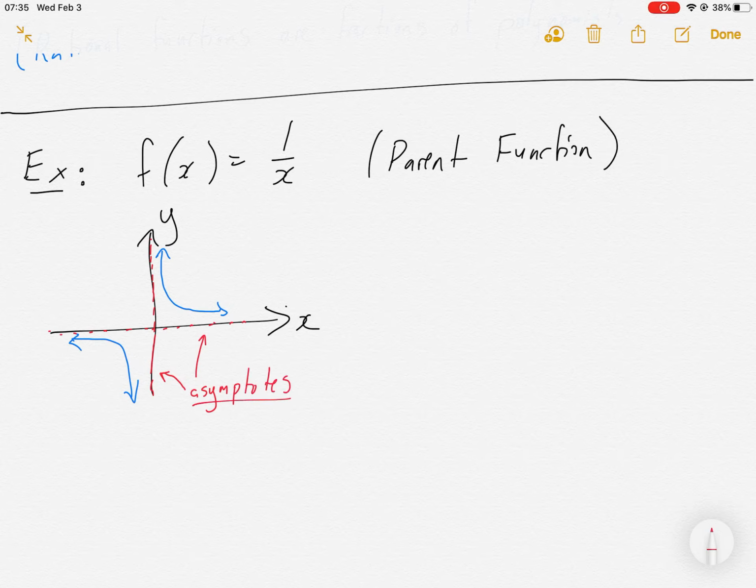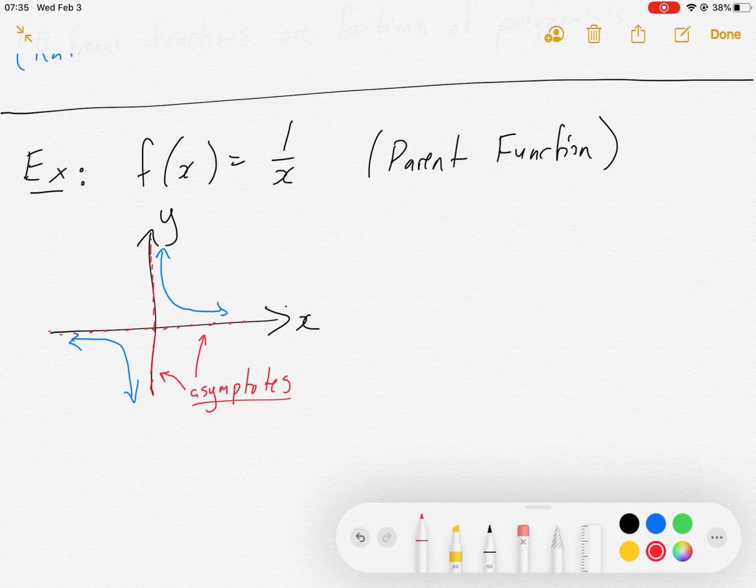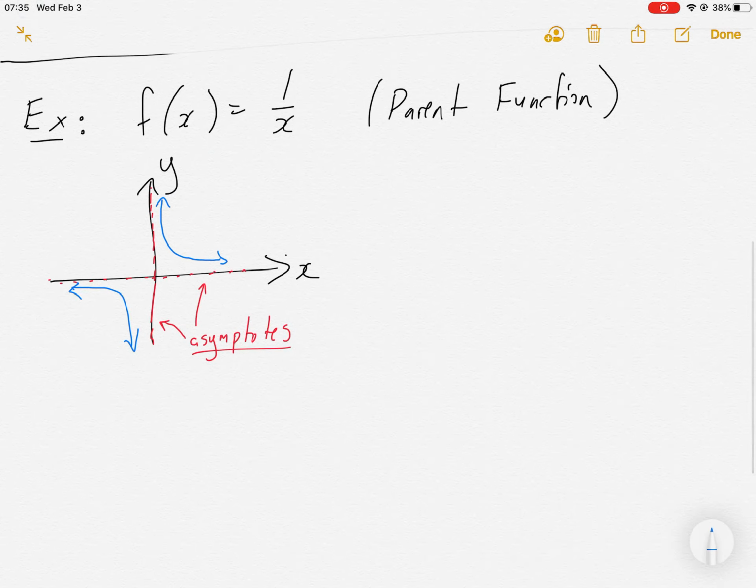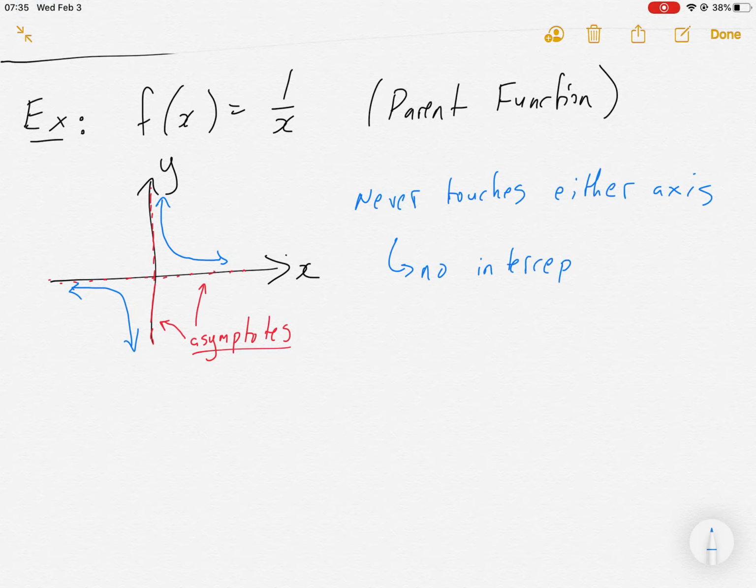We'll be talking a lot more about asymptotes and what that vocab word means in this video and the next ones. Additionally, this graph never touches either axis, this means there are actually no intercepts at all to worry about.